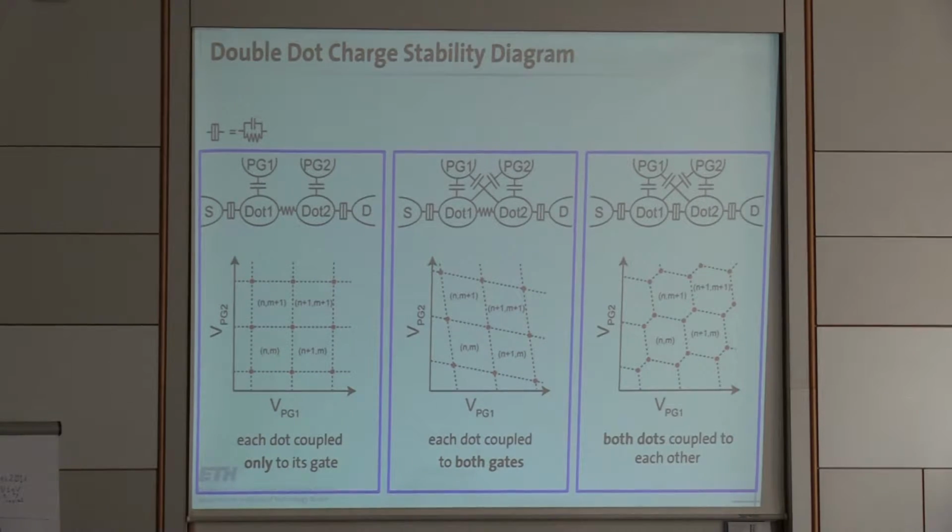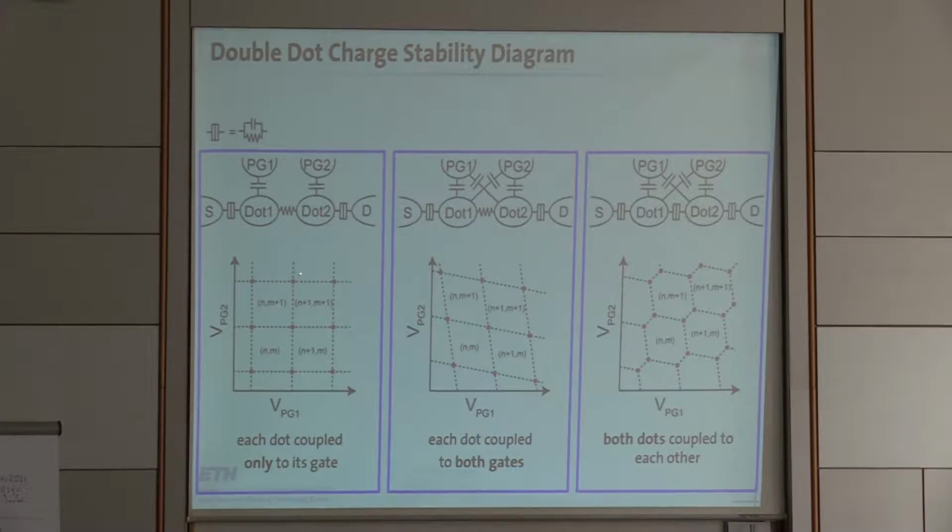Let me briefly tell you what the basic measurement looks like. If you didn't have the quantum dots in a cavity, one way to do the basic measurement is a transport measurement from source to drain, looking at how charges tunnel through this double dot. If you measure current, you see this typical honeycomb lattice structure.